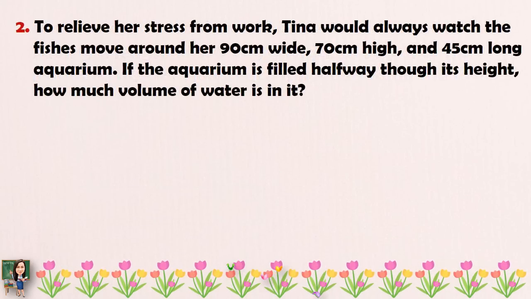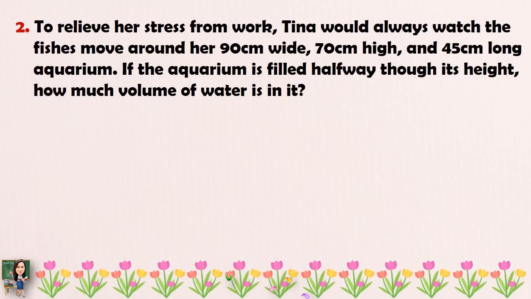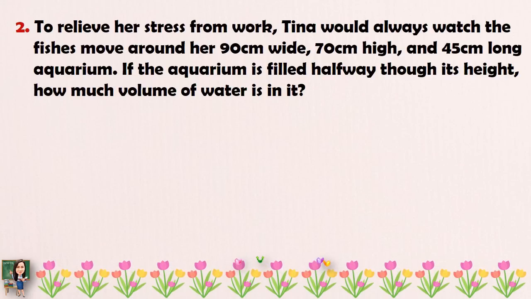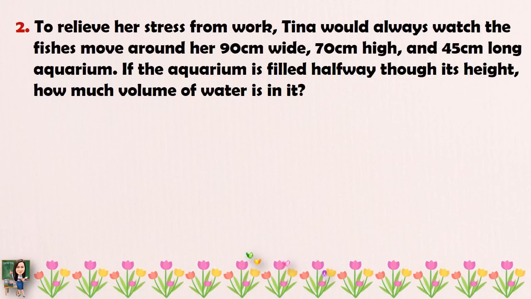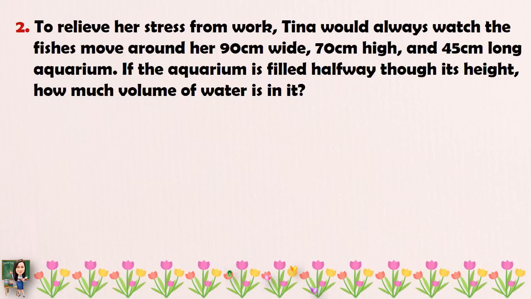Number 2. To relieve her stress from work, Tina would always watch the fishes move around her 90 cm wide, 70 cm high, and 45 cm long aquarium. If the aquarium is filled halfway through its height, how much volume of water is in it?